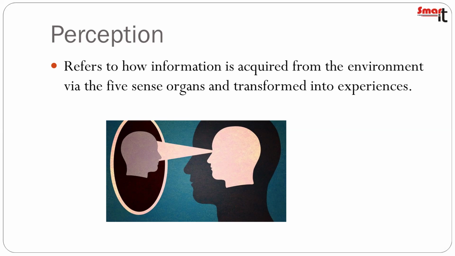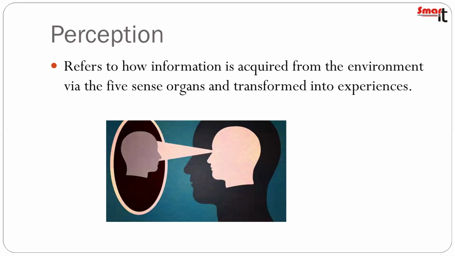With tasty food, you feel that it is tasty. With your eyes, you are taking an image into your mentality. So that is perception: using senses and acquiring information from your external environment.